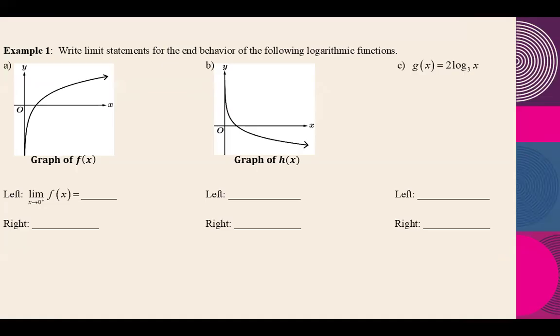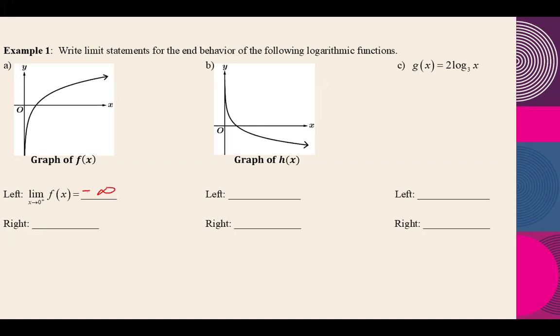So on the first one, we're reading this. The limit as x goes to 0 from the right would be what? What is the function doing? It's forever decreasing. So it's heading towards negative infinity. Okay, so now we're going to write the right-hand limit.